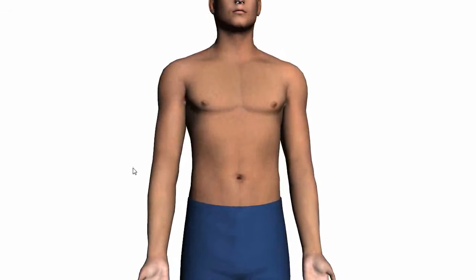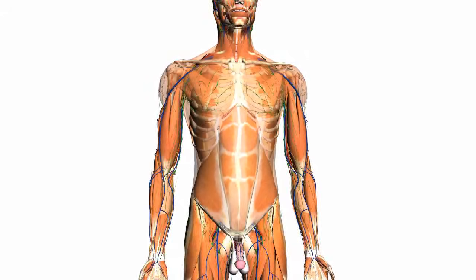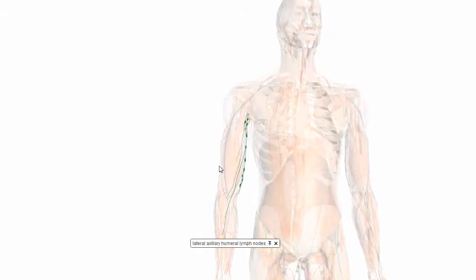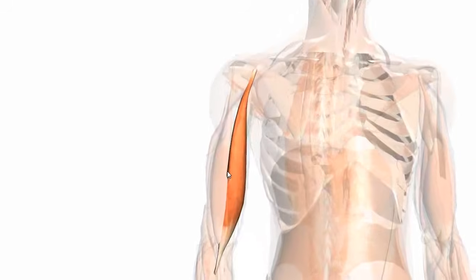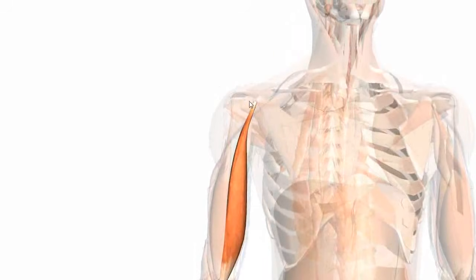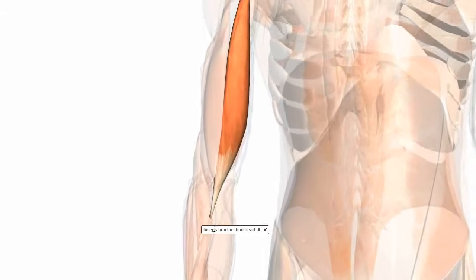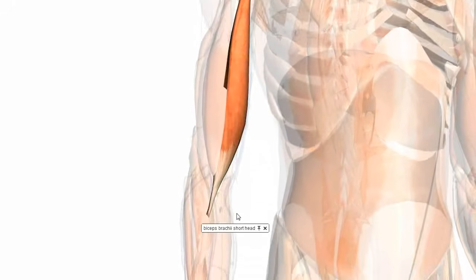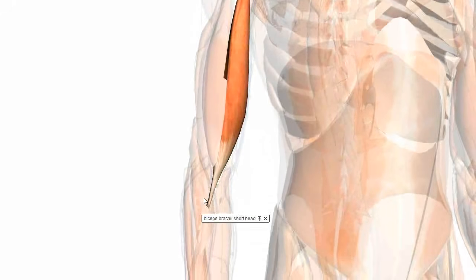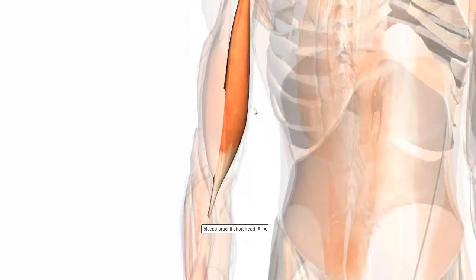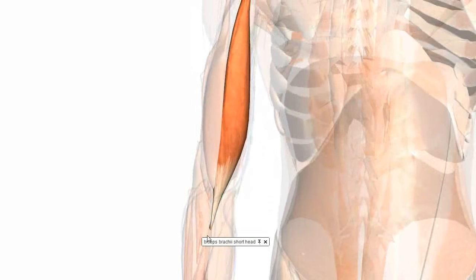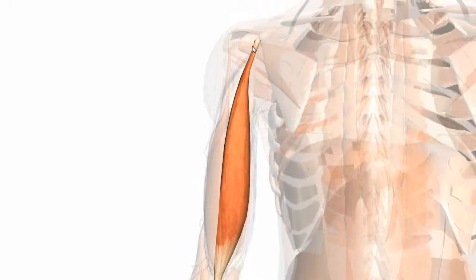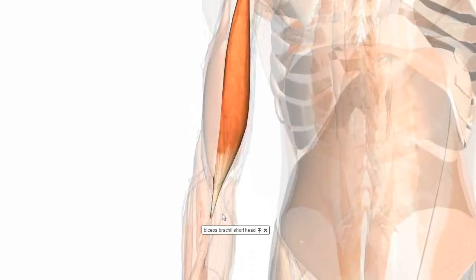So in the example of the biceps, the short head of the biceps, this is the origin, it's the proximal, i.e. closer to the trunk. That's the proximal attachment. And the distal attachment is down here. So that's the insertion. It's inserted onto the bone which is moved. And this is the bone that doesn't move. So that's the origin, and that's the insertion.